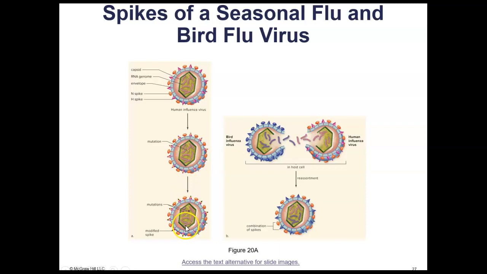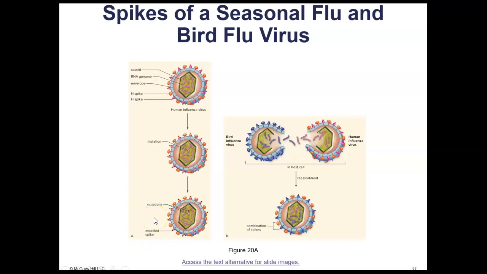And then here we have several mutations that lead to a modified H spike. Okay, so this is just showing you how the human influenza virus can mutate.